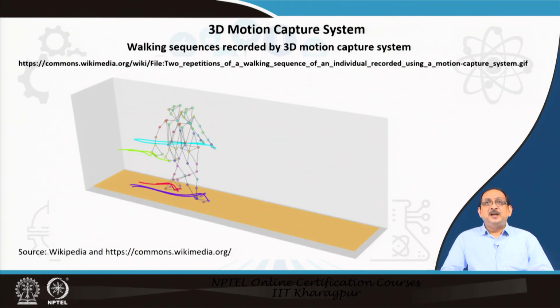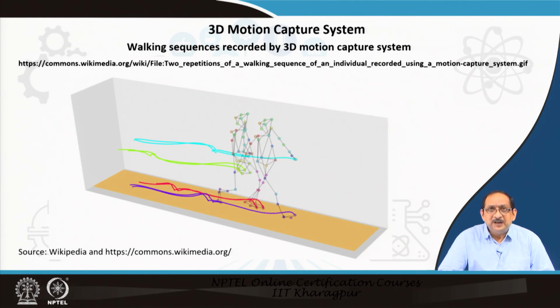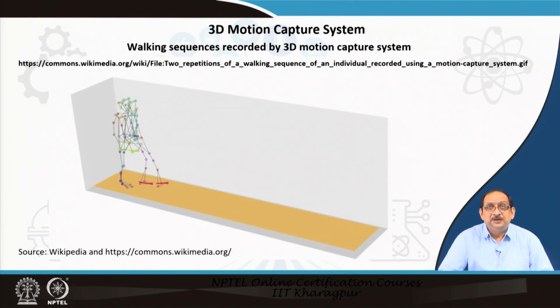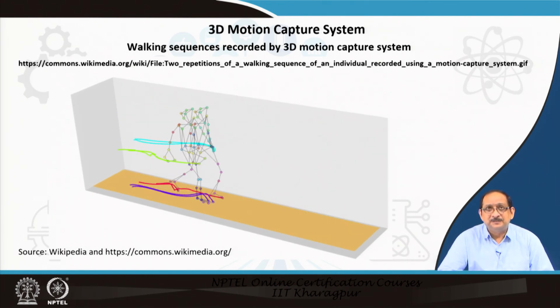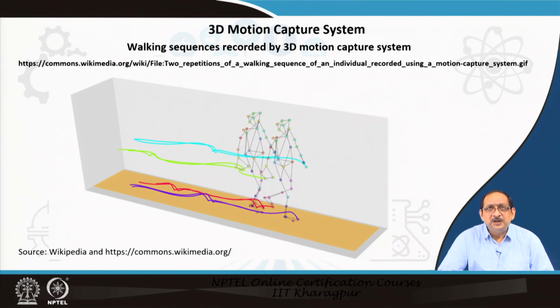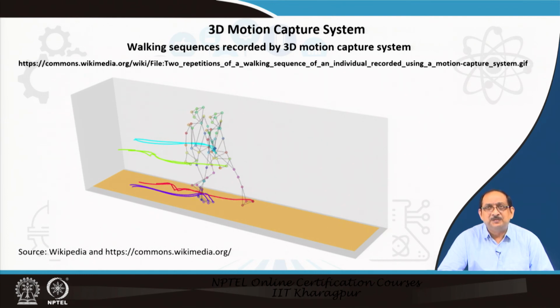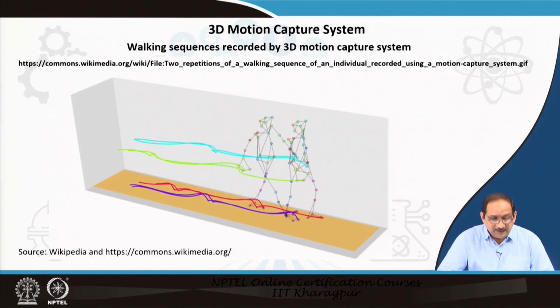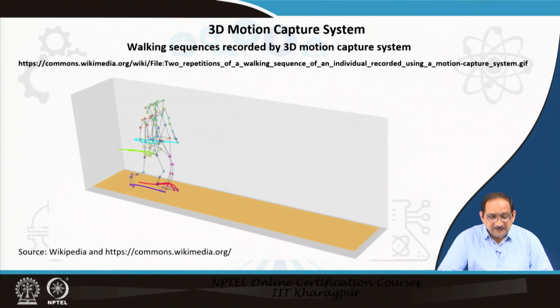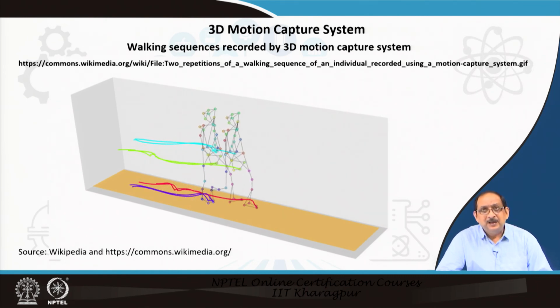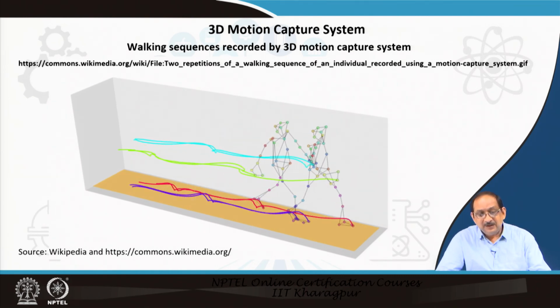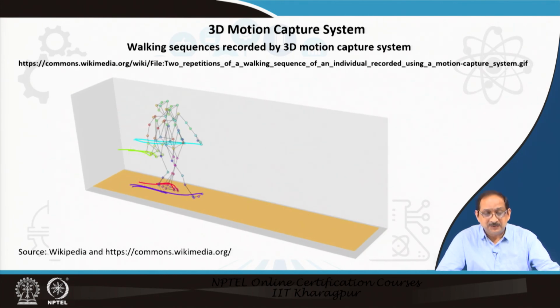Let me come to the final slide, a very interesting slide on the 3D motion capture system. Herein, walking sequences recorded by a 3D motion capture system have been presented, and the animation that you can see shows the recorded trajectory of the markers.